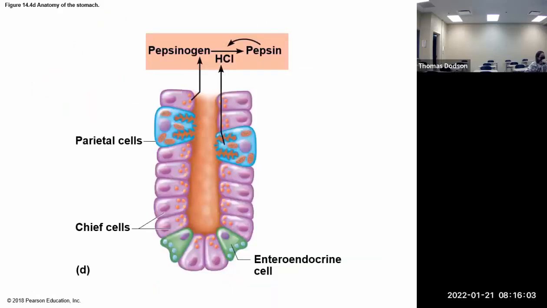Here we can see some of these parietal cells. We can see that they're connected, so pepsinogen and pepsin. These are going to be involved in the digestive process. Okay, and when these come together with HCl, which is your stomach acid, you get changes in certain chemical reactions that take place.